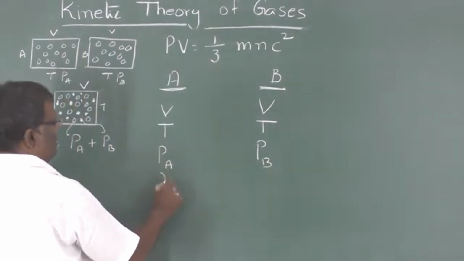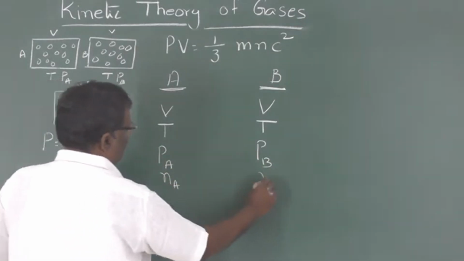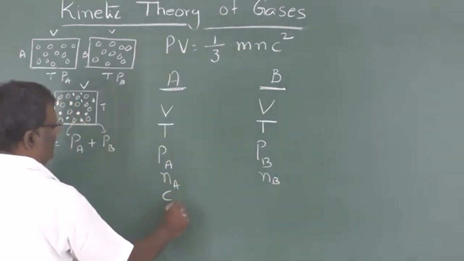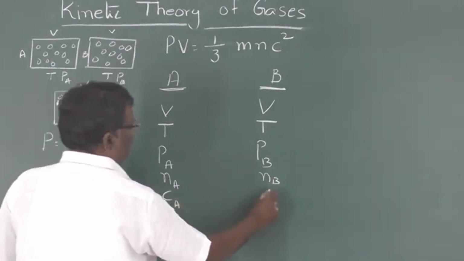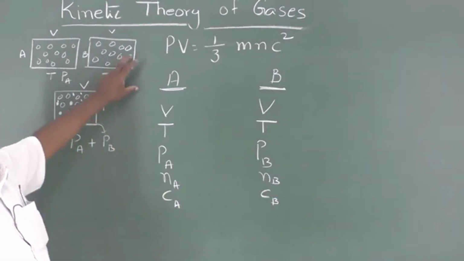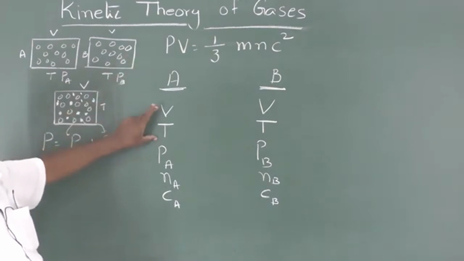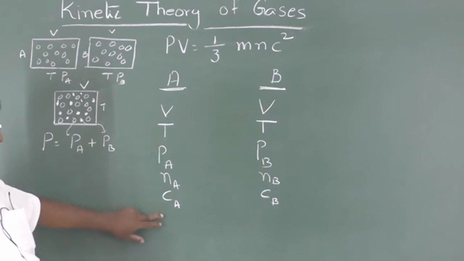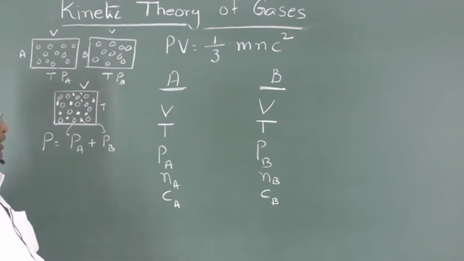The number of molecules are Na and Nb, and the RMS velocities are Ca and Cb. Since only volume and temperature are the same, the pressures and RMS velocities are different.